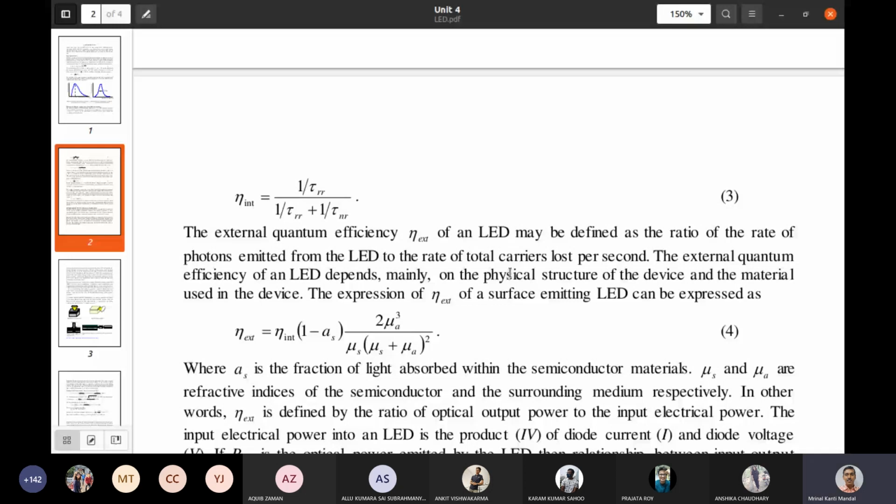Therefore, this is the internal efficiency, but internal efficiency is not equal to the external efficiency.